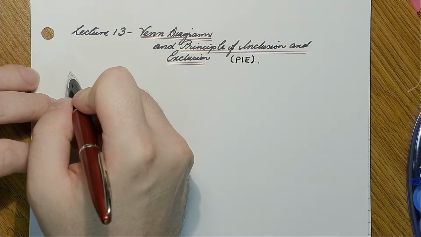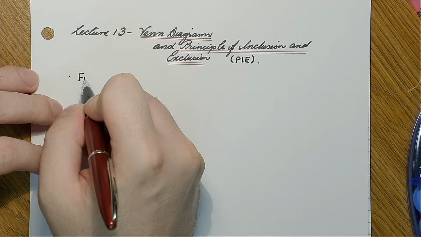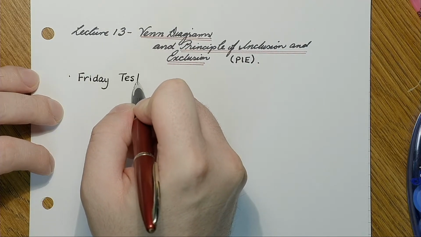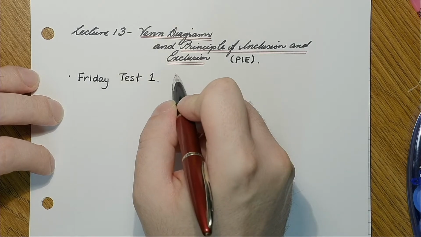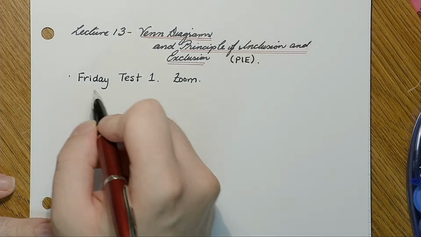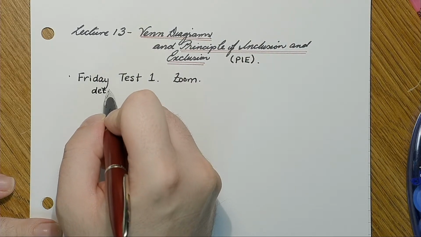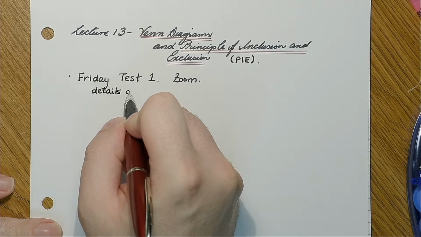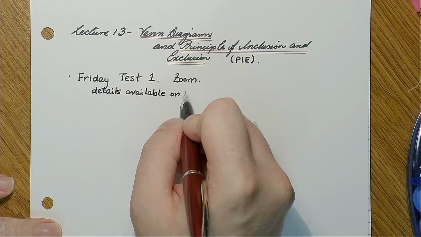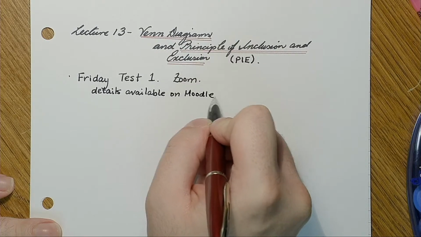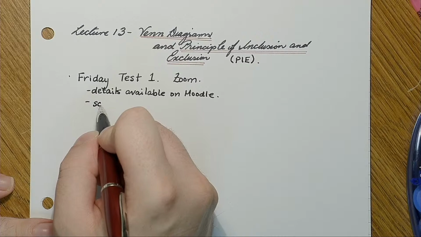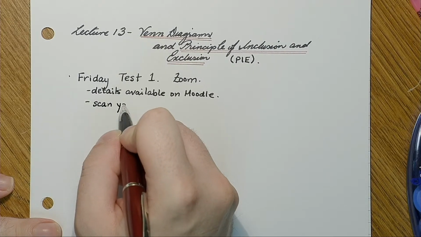Just a reminder that on Friday we have our test 1. It'll be done over Zoom. You can see the details through Moodle. You'll be expected to scan your solutions.